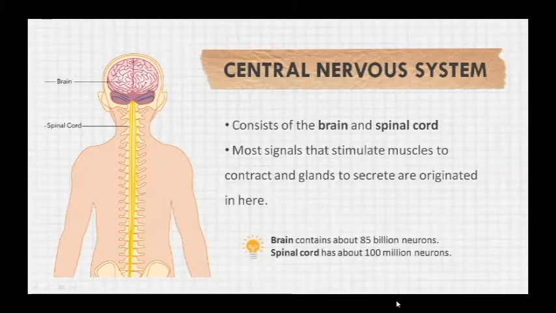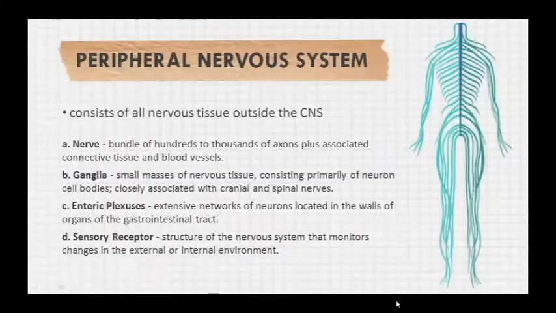Thus, it is called the central nervous system because almost all of the signals that go into our body originate in our central nervous system. In fact, our brain contains about 85 billion neurons and our spinal cord has about 100 million neurons.